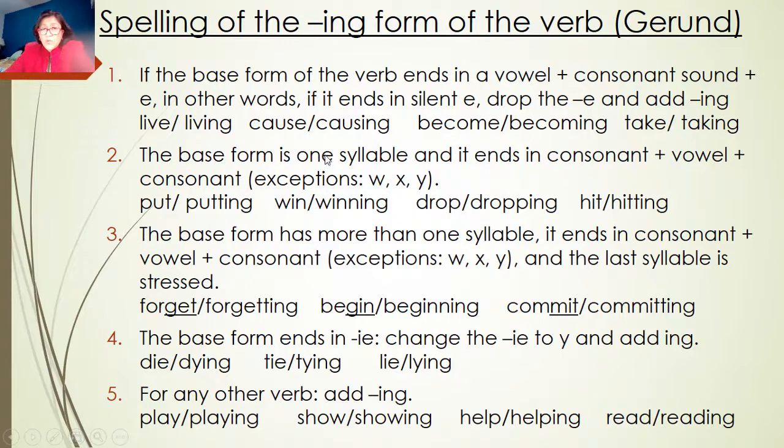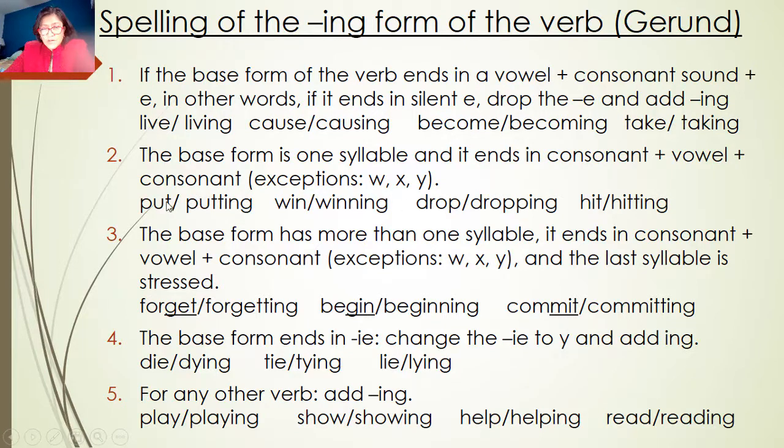If the base form is one syllable and it ends in a consonant, vowel, consonant, double the consonant. Exceptions, we already talked about this: W, X, and Y, right? Put, putting. Win, winning.